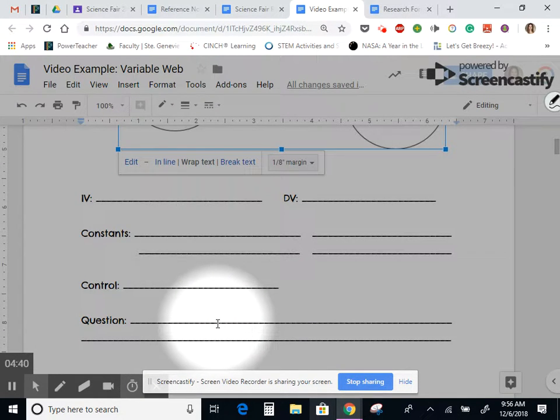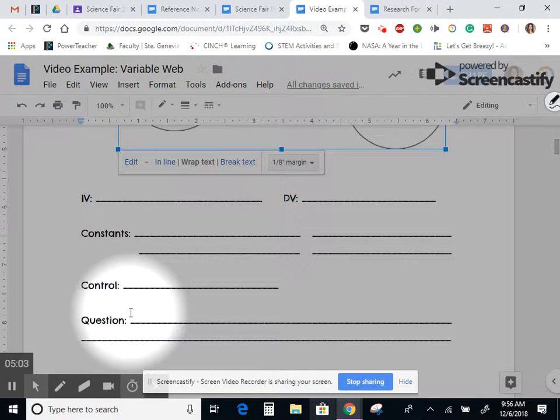Lastly, we have our question. This is how to develop the overall question in your experiment. If you have taken my science classes, you know that I have a format for the question. When you follow this format, it will always make sure that the question is specific, testable, and has all the elements that you need in it.